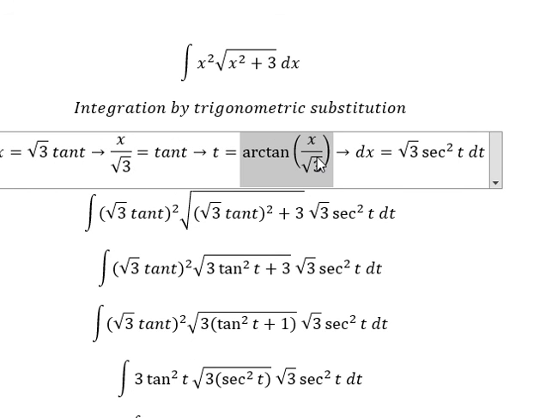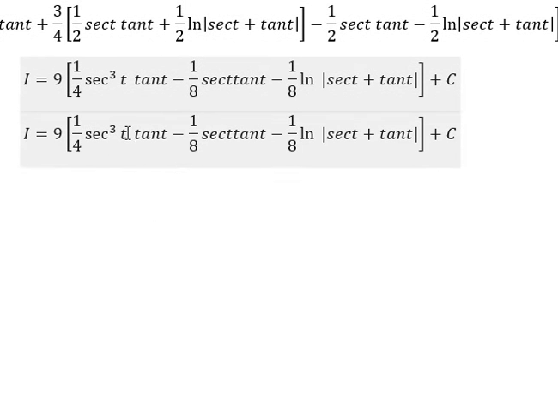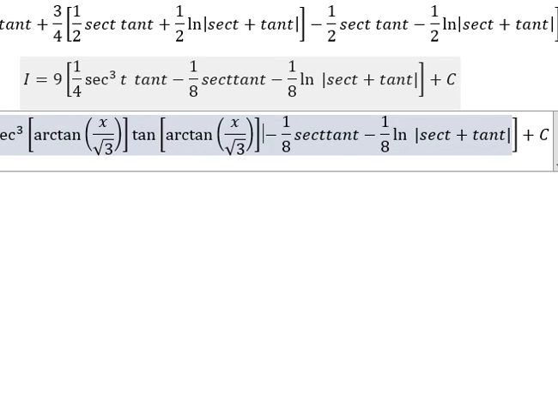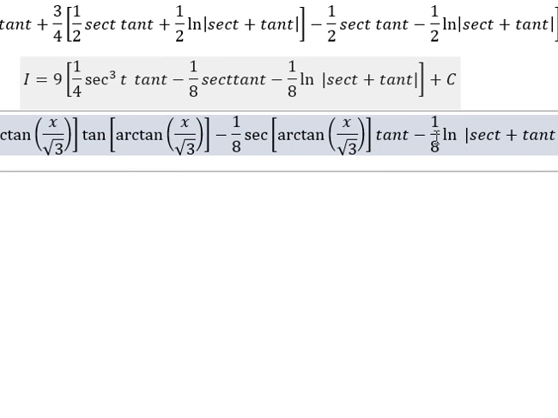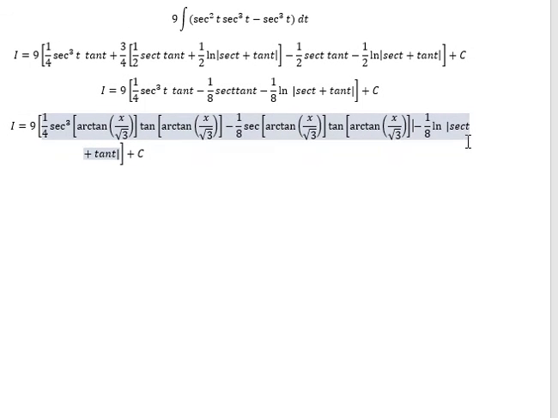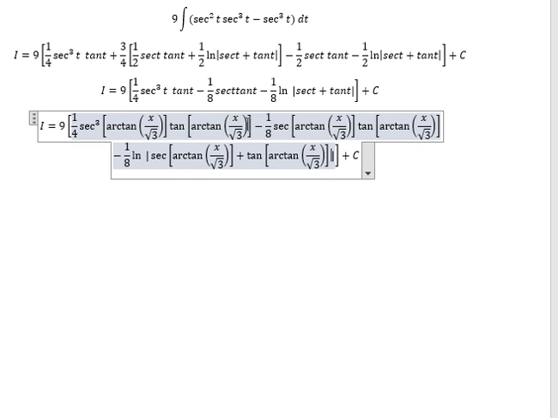So we put this one to replace t. We know that tan with arctan, we get s over the square root of 3.